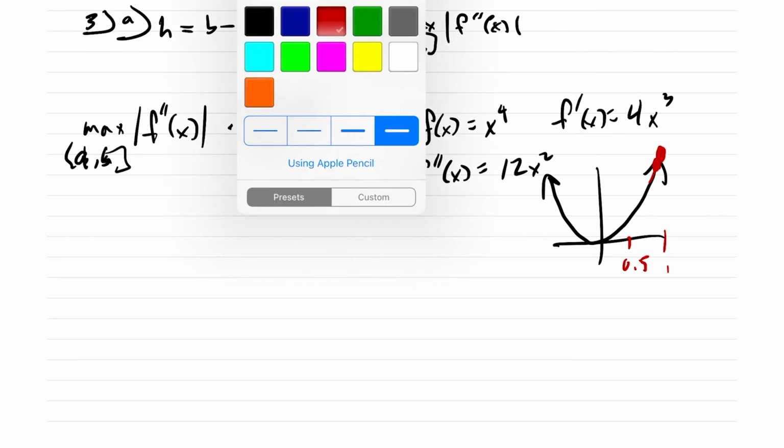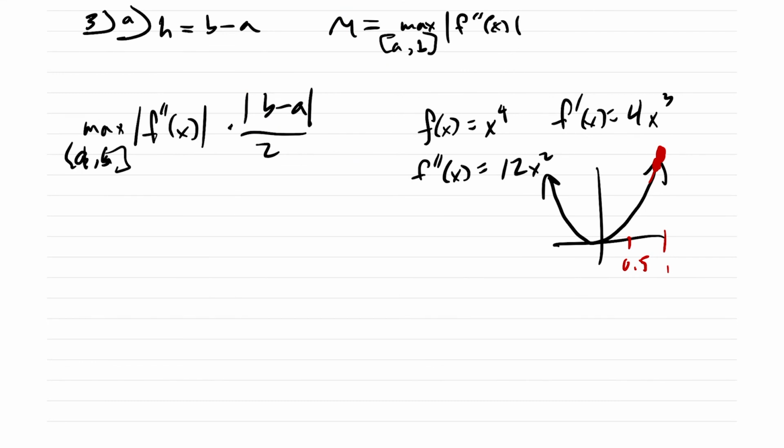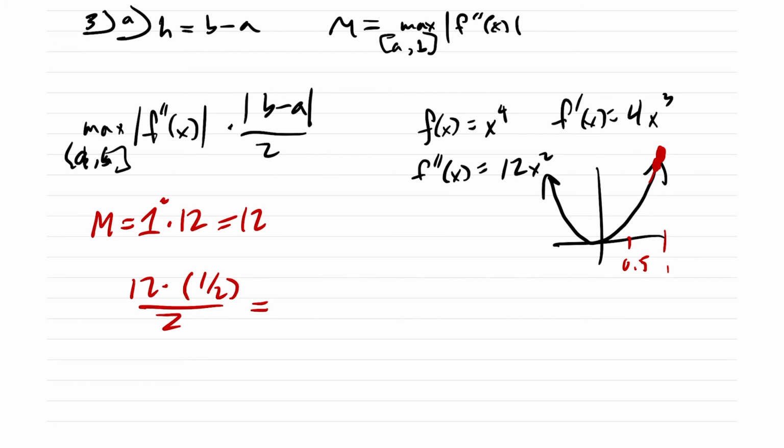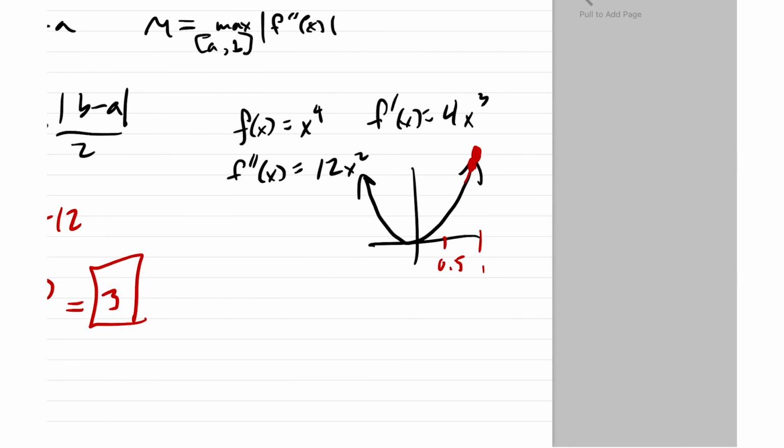So then I can go ahead and replace this guy here with this. So M ends up being 1 squared times 12, so it's just 12. And b minus a is 1/2, so it's 12 times 1/2 divided by 2, and that's not that great. So the error is going to be about 3 units, whatever our units are measured in. So it's not the greatest, but it gets you an answer. The other one's going to be a little bit trickier if we want to try to do that.